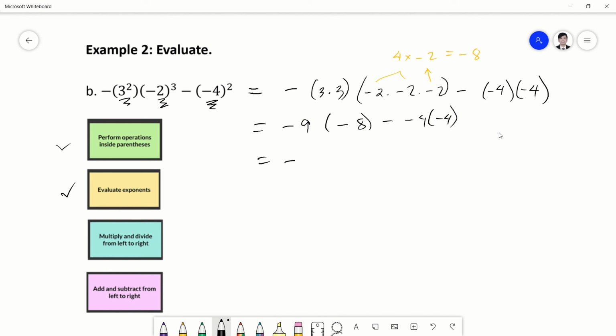So negative 9 times negative 8, we need to multiply that. Negative 9 times negative 8, both are negative, so it becomes positive. 8 times 9 now is 72. So next, you will recognize another multiplication between negative 4 and negative 4 as well here inside.